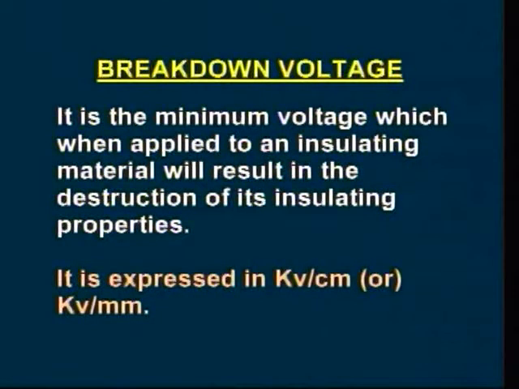The dielectric strength or breakdown voltage is the minimum voltage which, when applied to any insulating material, will result in the destruction of its insulating properties. It is expressed in kilovolt per centimeter or kilovolts per millimeter. For example, the breakdown voltage of air is 30 kilovolts per centimeter. It means that the maximum voltage 1 centimeter of air can withstand is 30 kilovolts.